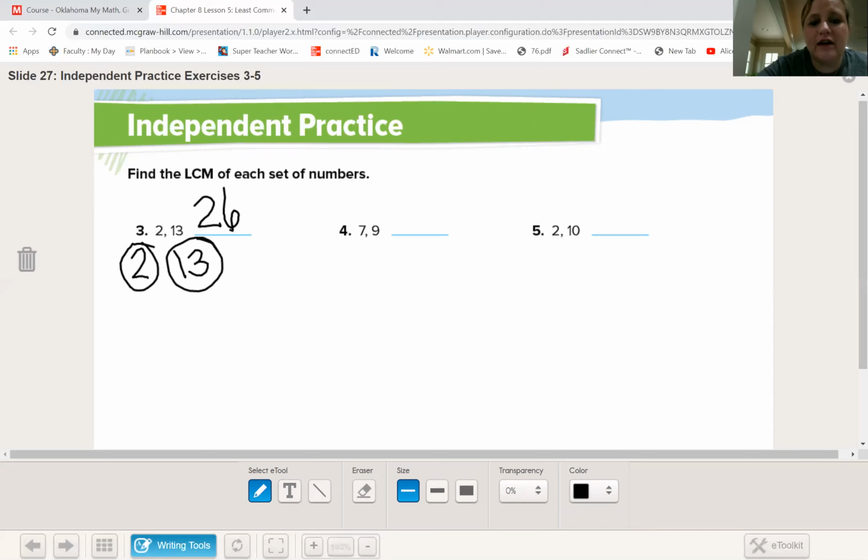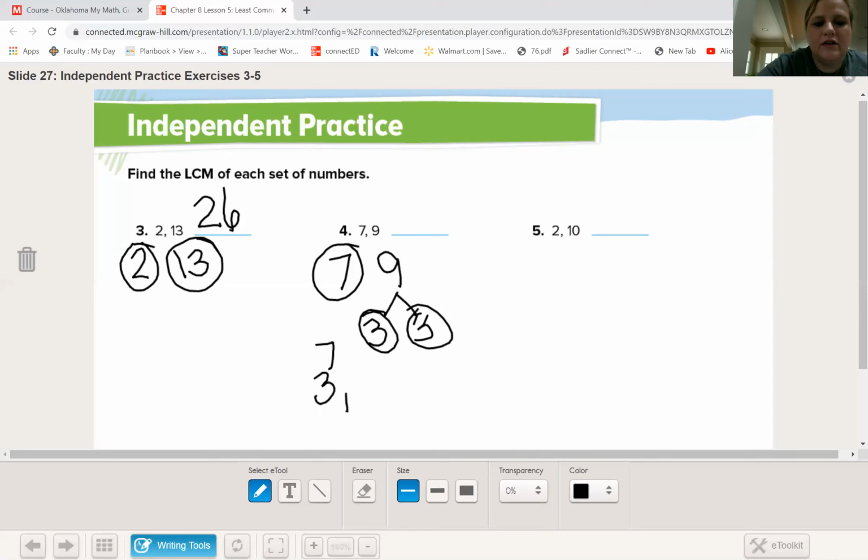Let's look at 7 and 9. So 7 is prime. Can't factor it down. 9 can be broken down into 3 and 3. So the factors are 7, 3, and 3. Now this does not just become 1, 3, because the only way that would work is if it was a 3 on the top row and a 3 on the bottom row. Then they would just combine to be 1, 3.